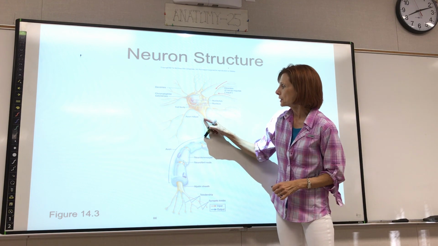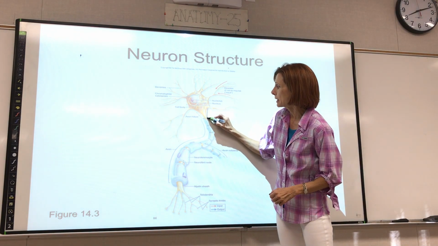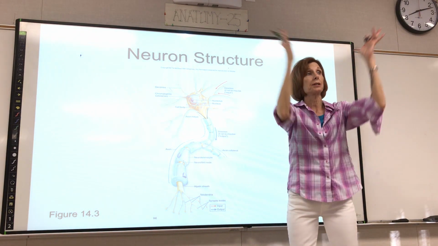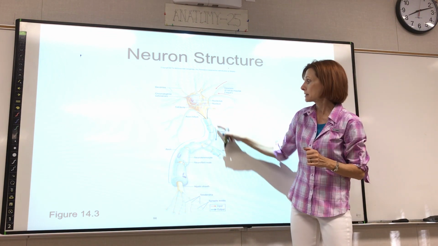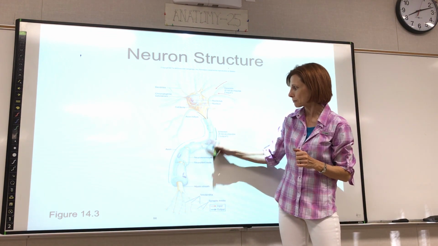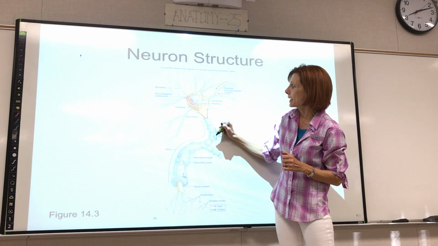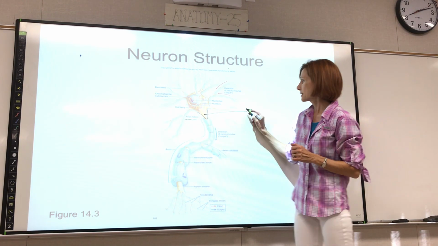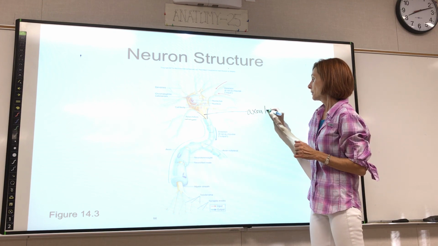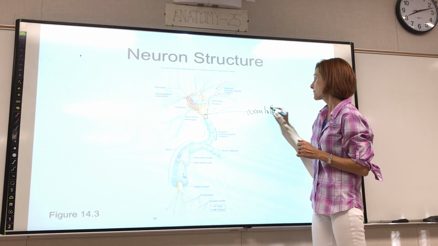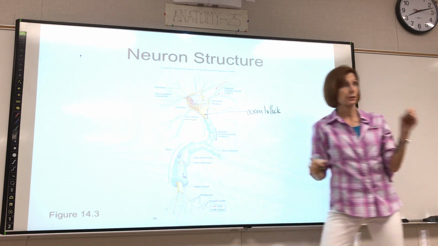Okay, so let's take a look here at the beginning of the axon. Notice there's this kind of funnel-shaped region where the axon connects to the cell body. So again, the whole thing here is the axon. So this part of the axon is called the axon hillock. This is the most sensitive part of the axon electrically.